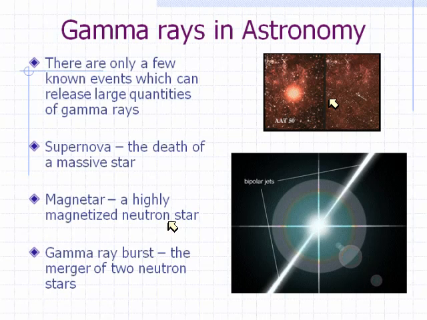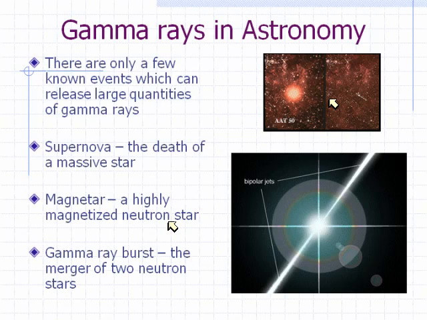Finally, gamma ray bursts are some of the most intense phenomena that we know of. We can have the merger of two neutron stars producing a massive burst of gamma rays, or we can also have the destruction of a very massive star, which will release gamma rays.